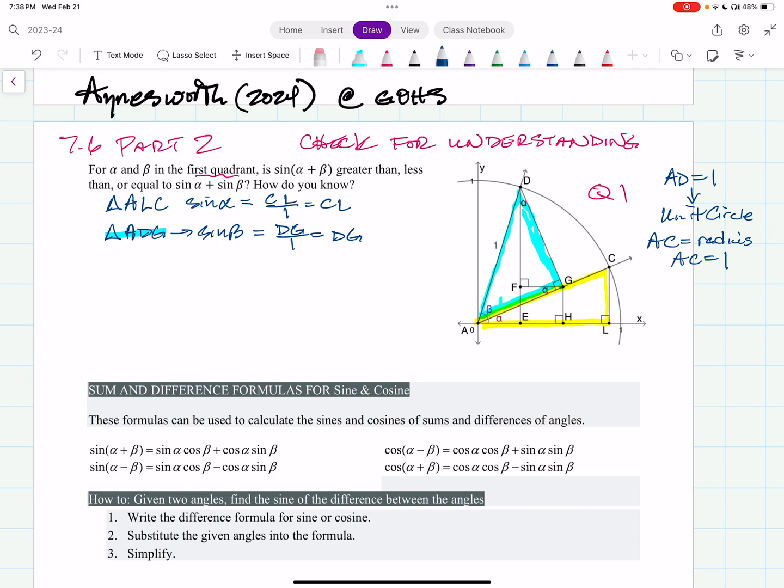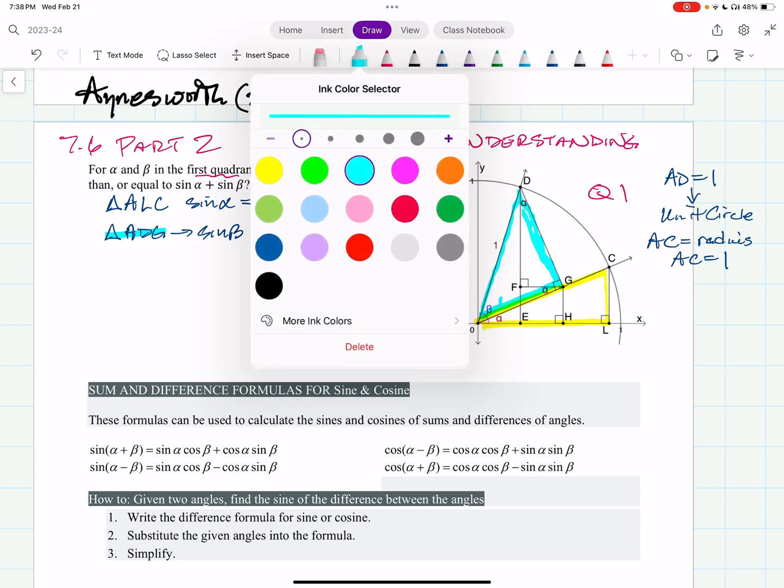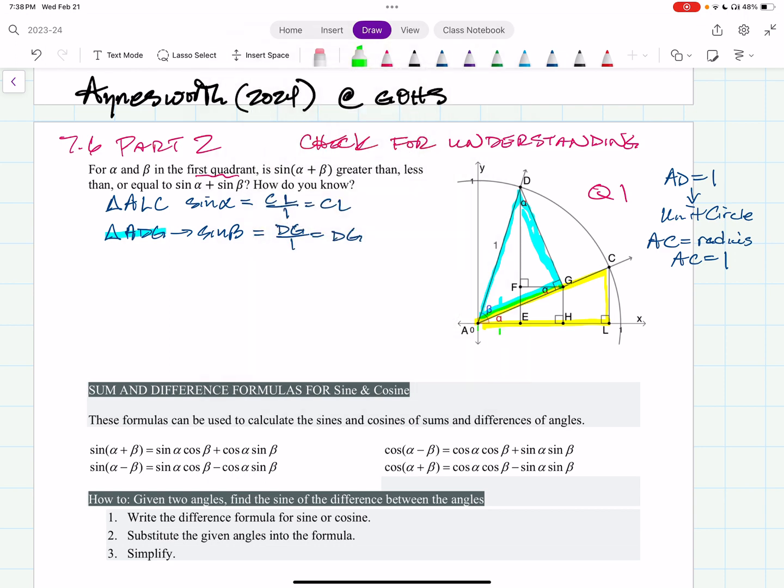Now I need to switch triangles again. Let's take a look at alpha plus beta, which is in our main skinny triangle, the green one. So triangle AED, the main one, and I want sine of alpha plus beta, which I did in my first video as well.